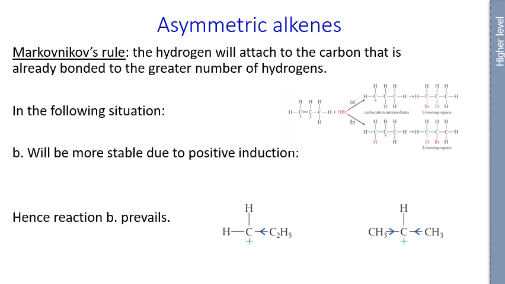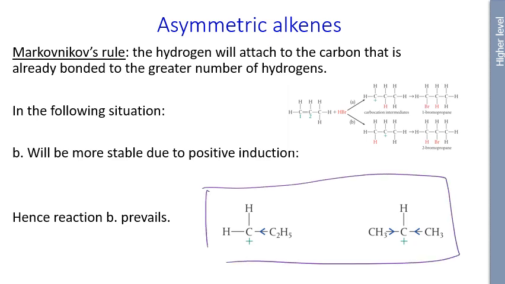Okay? This comes about because the carbocation formed when the pi bond is broken has a positive charge centered on the most substituted carbon. A tertiary carbocation has greater stability, which we looked at earlier, than a primary carbocation due to the reduction in density of the positive charge through inductive effects.